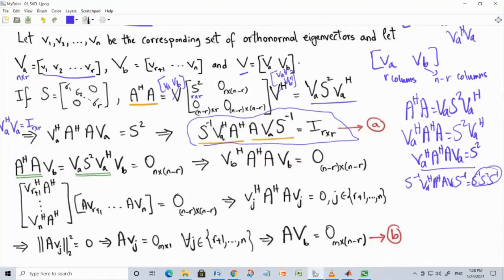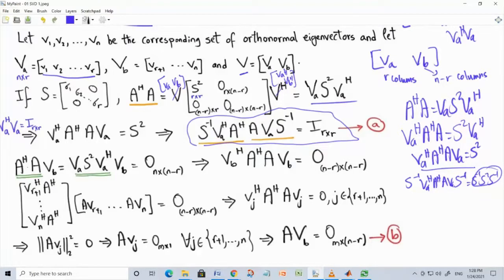Okay, so we have this equation, so let's keep it. And then what if you take A Hermitian A and multiply it by V_B? From the way we define V_B, remember when we partitioned matrix V, V_B are the eigenvectors corresponding to the zero eigenvalue.